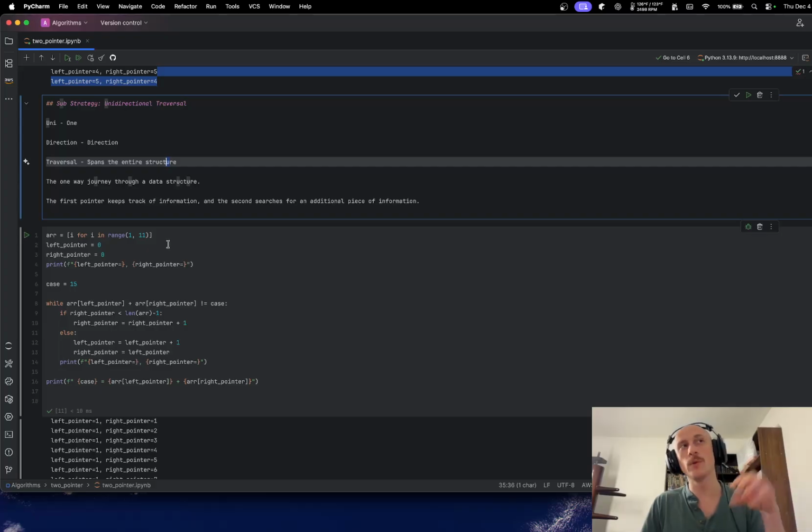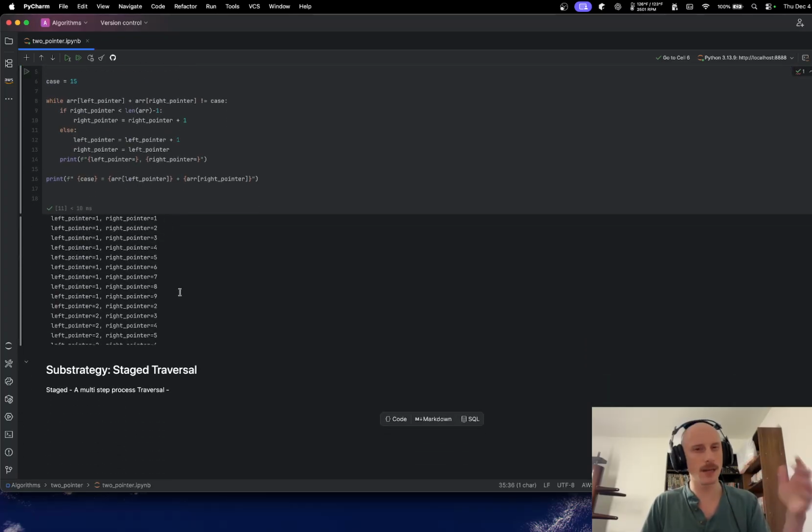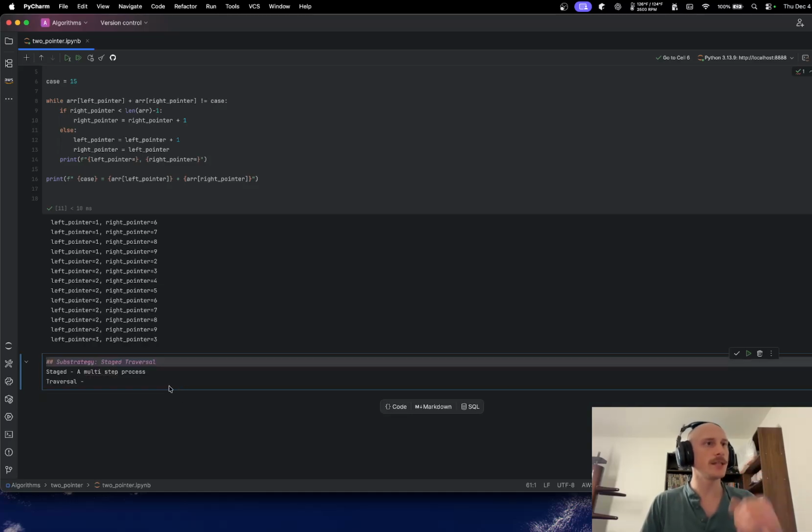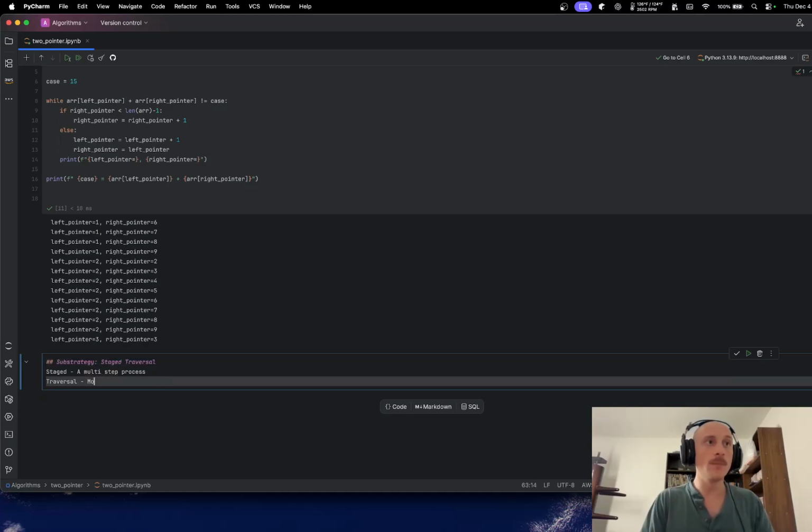I actually like movement instead of spans, as we're coming upon this iterative piece of this. Let's change that to movement through a data structure.